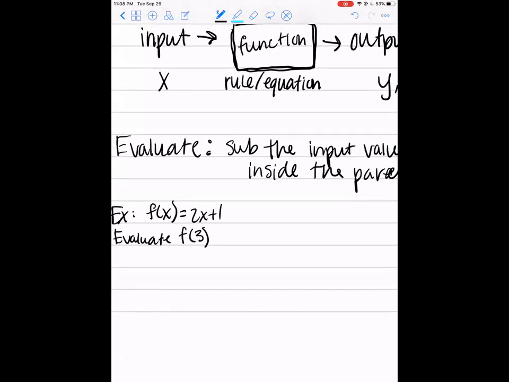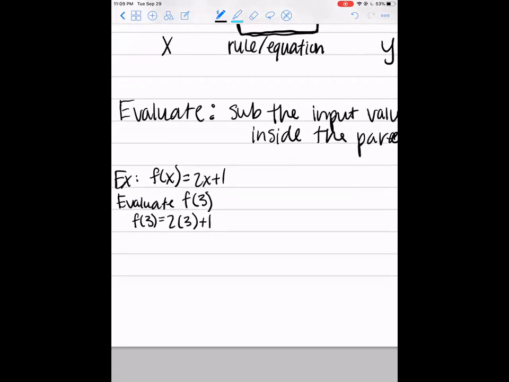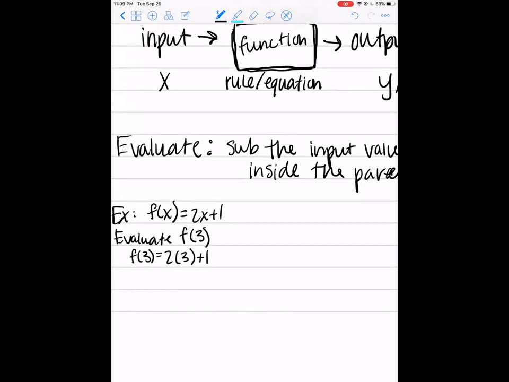So f of 3, I want to evaluate that. So everywhere that there is an x, I'm going to put a 3 in our function. Just substitute that value in. So 2 times 3 is 6, plus 1, f of 3 equals 7. So we evaluated this function based on this input value, and this is our answer.